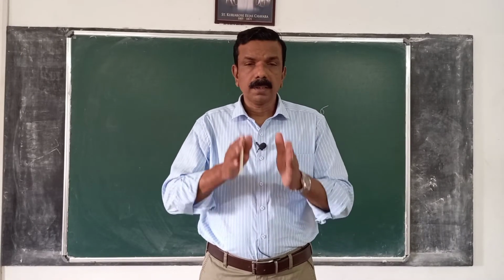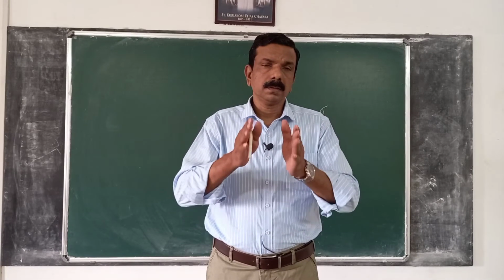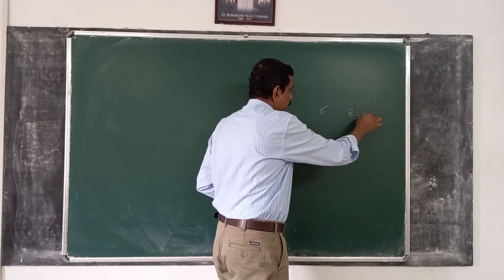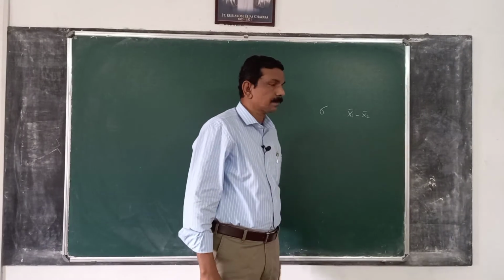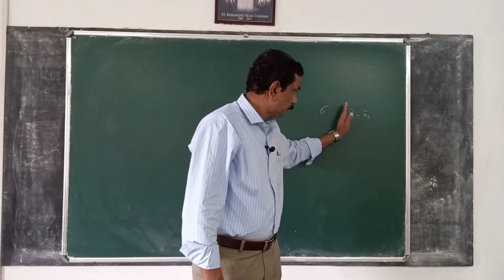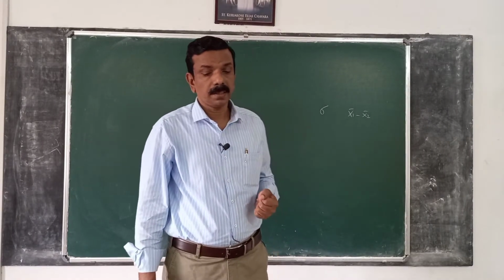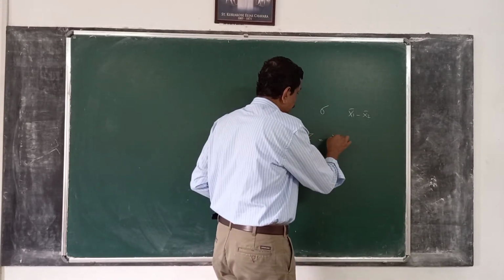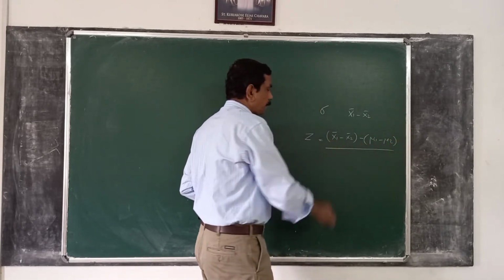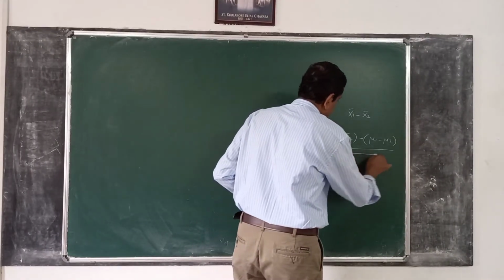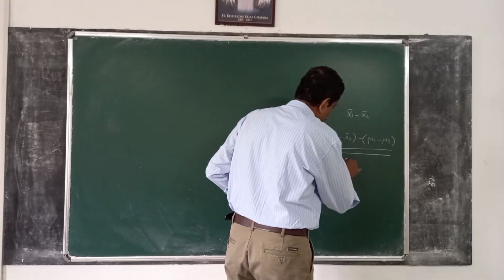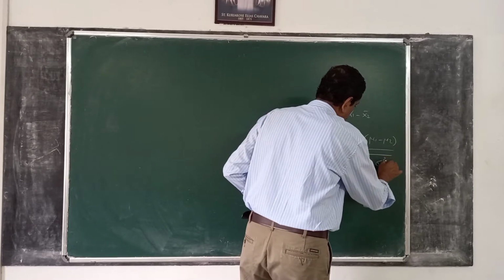Then, for independent samples, the distribution of the sample statistic x bar 1 minus x bar 2, the standardized version of the random variable x bar 1 minus x bar 2 is, as we have described earlier, Z equals x bar 1 minus x bar 2 minus mu 1 minus mu 2, divided by the square root of sigma square 1 by n1 plus sigma square 2 by n2.